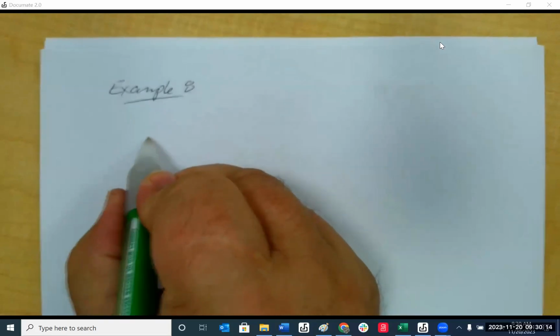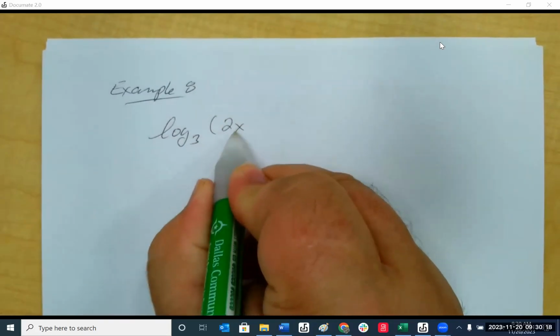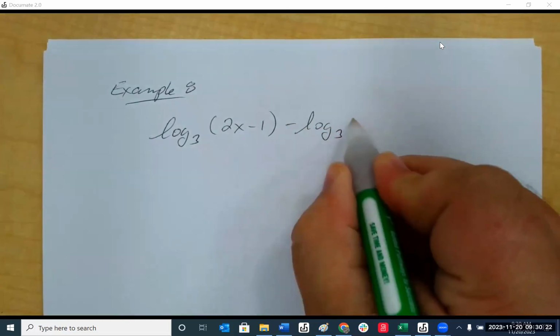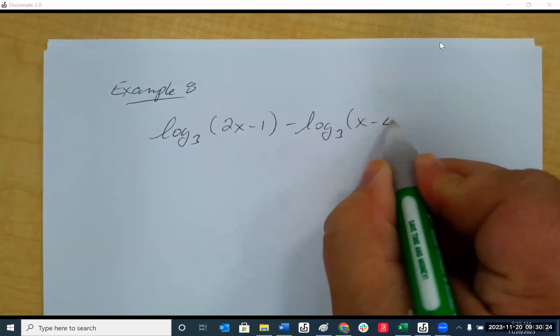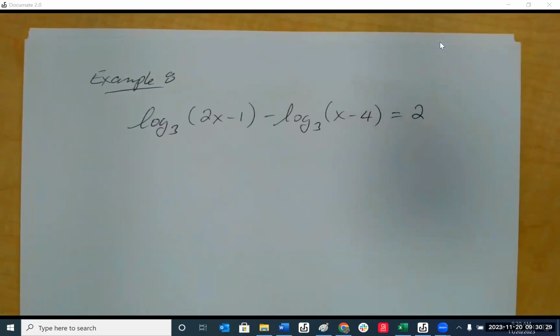Example 8. Log base 3 of 2x minus 1 minus log base 3 of x minus 4 equals 2. So what can we do on the left-hand side? Can we combine them?